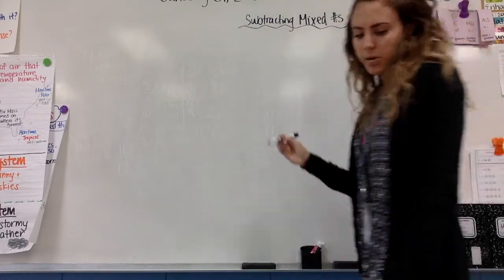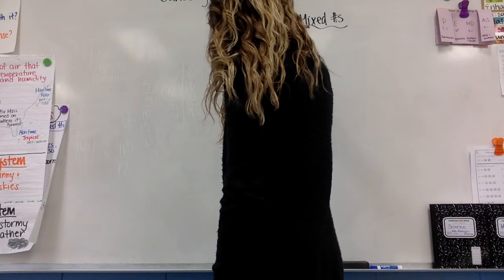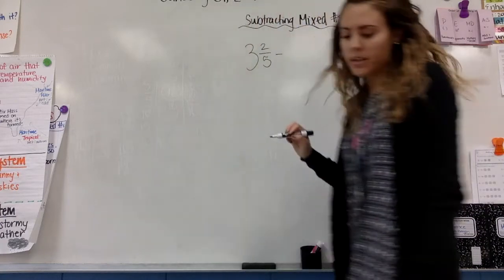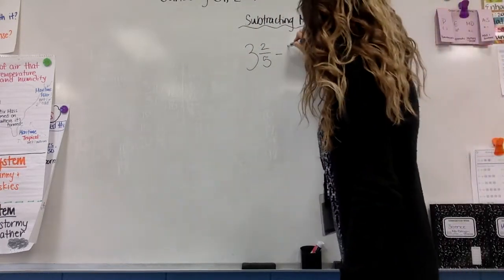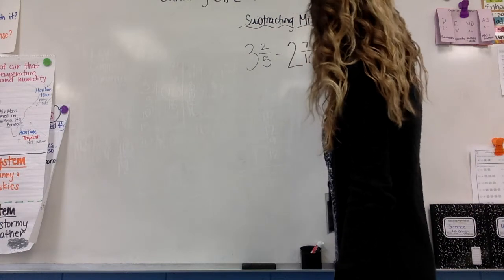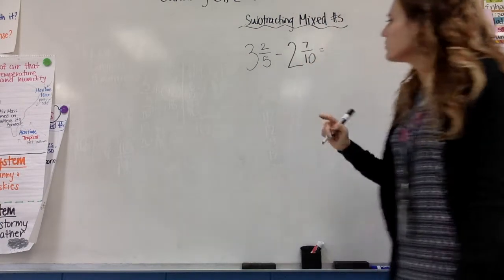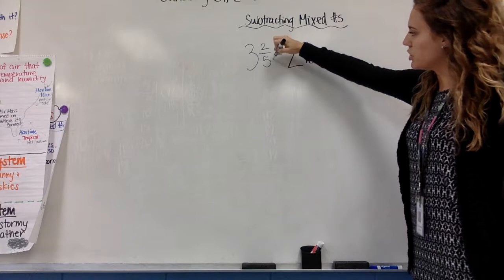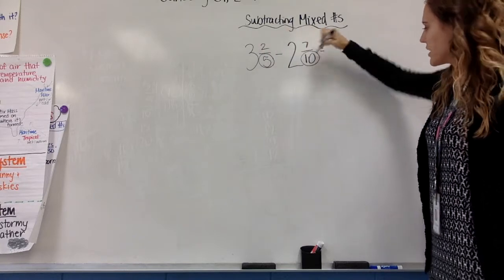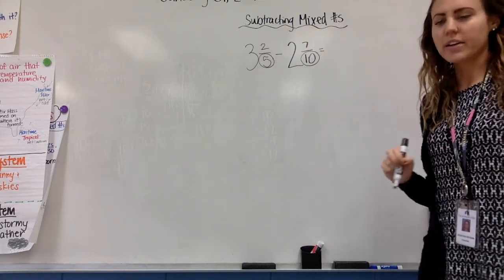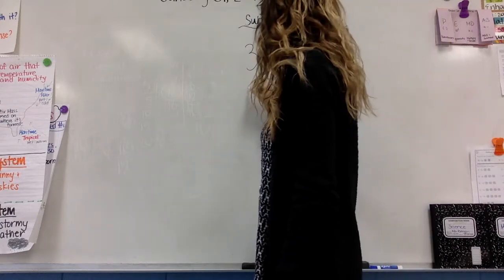Okay, so our next problem, we're going to do 3 and 2/5 minus 2 and 7/10. So looking at these two mixed numbers, I have different denominators, so I need to go ahead and create a common denominator.